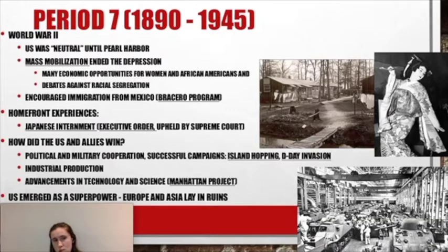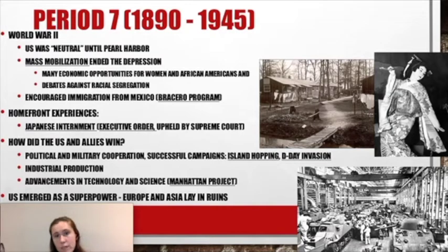This is due to downright paranoia and fear of the American people that Japanese in America might be spies and sending information to Japan. And because of all these things, we are going to have a government that not only has this executive order, but upholds this executive order in the Supreme Court.